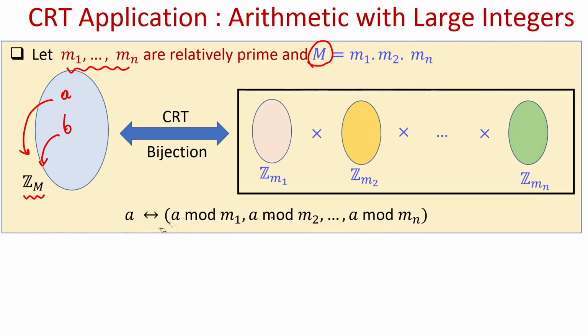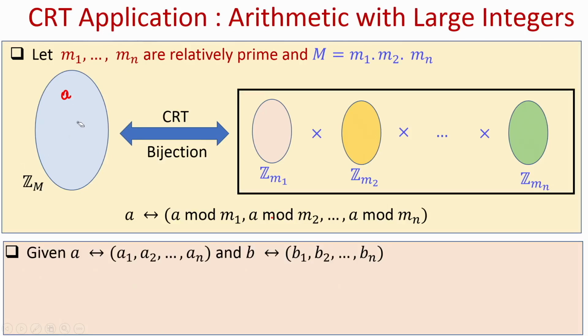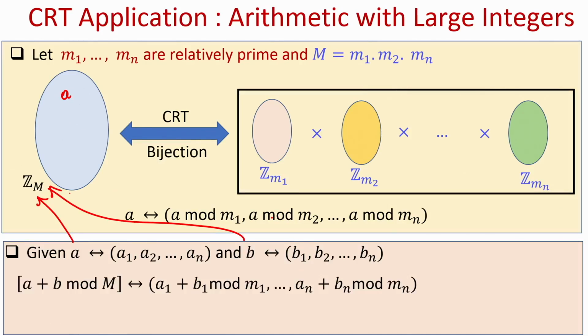So, basically what I can now say is the following. If you are given two numbers A and B and their corresponding representations, then any operation which you want to do in the bigger set modulo the bigger modulus can be equivalently performed in the smaller worlds modulo the small moduli, modulo m1, modulo m2, ..., modulo mn.